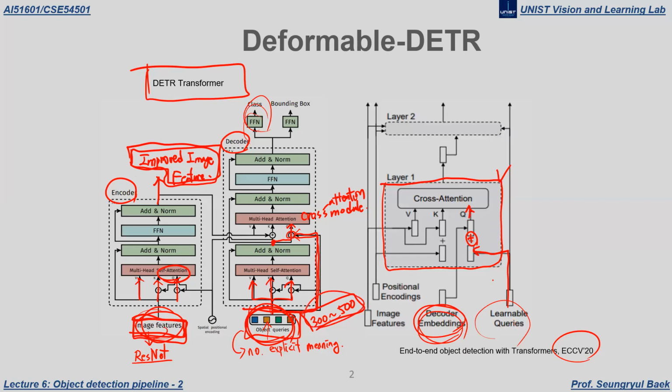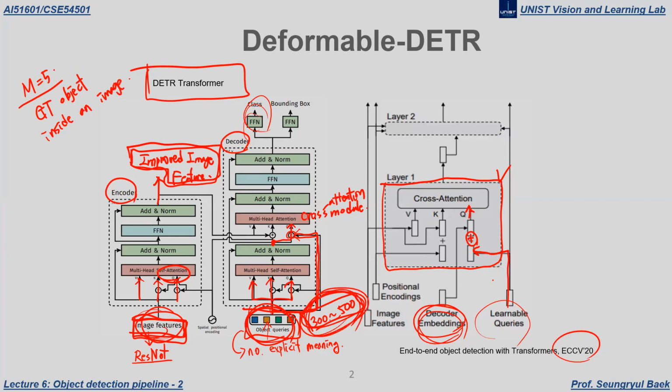And there are 300 to 500 object queries inside the decoder, and this is actually used to reveal the ground truth. So let's say there are 5 ground truth objects inside an image, okay?